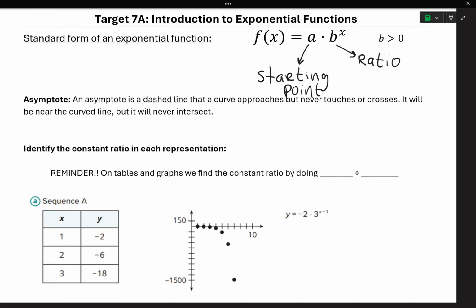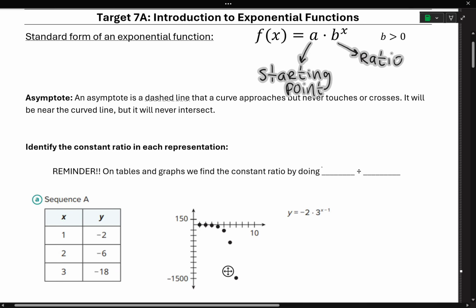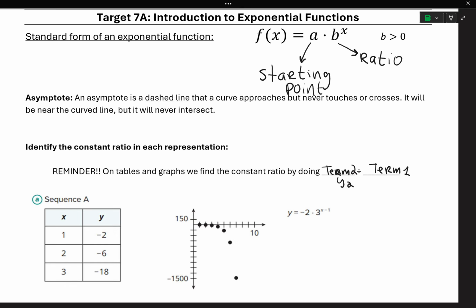We get the constant ratio by doing term 2 divided by term 1, which on tables can be y2 and y1, but when we're looking at graphs, we would have to do the full-on slope formula with y's over x's. But for now, when we have the constant x's, we could just do the division of the y's.